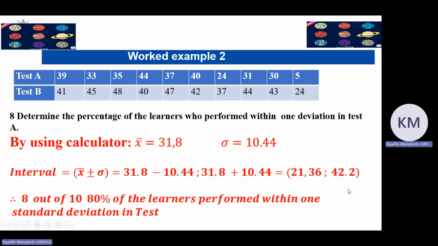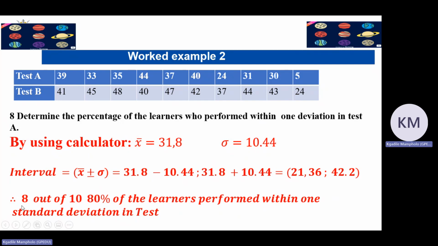The rest fall between 21,36 and 42,2. So it's only 2. So it means that 39, 33, 35, 37, 40, 24, 31, and 30 are falling within the first standard deviation.